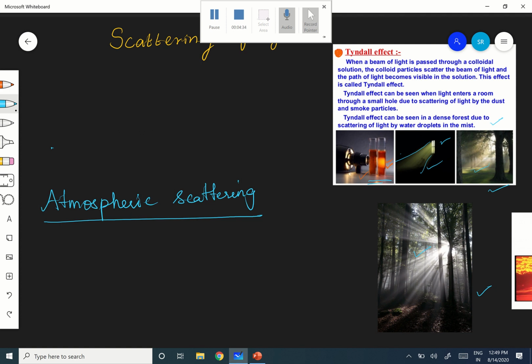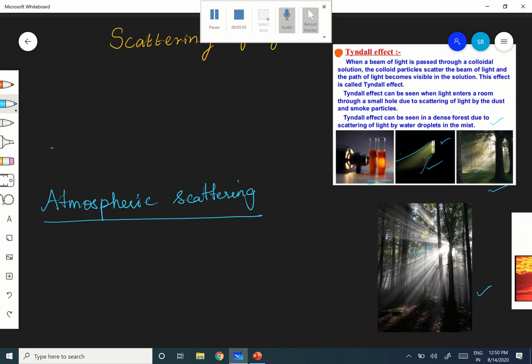The atmosphere has a large number of molecules and numerous small particles present in it. So when the sunlight comes through the atmosphere, it gets scattered by those gas molecules or small particles which are suspended in the atmosphere.